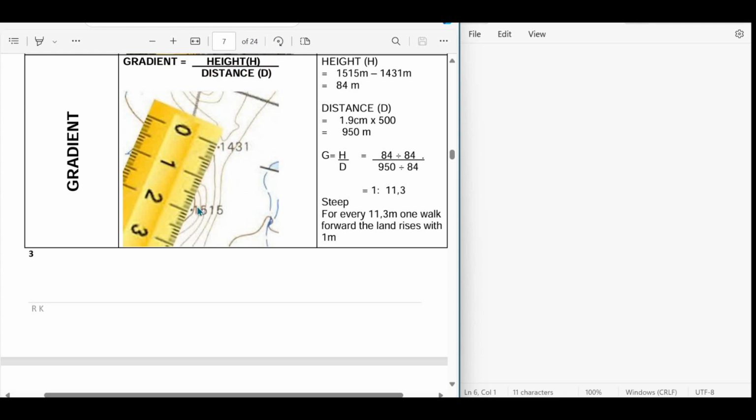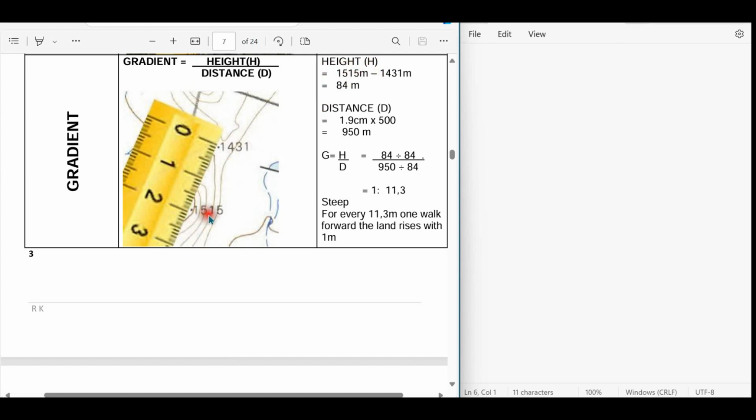And always remember, whenever you are calculating the height between two spot heights, you always need to subtract the lowest amount from the highest amount, as you can see that I've already done on the screen.